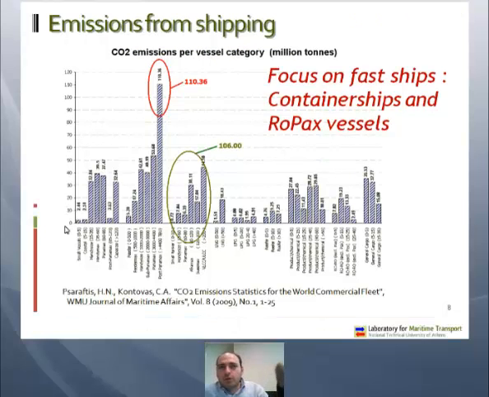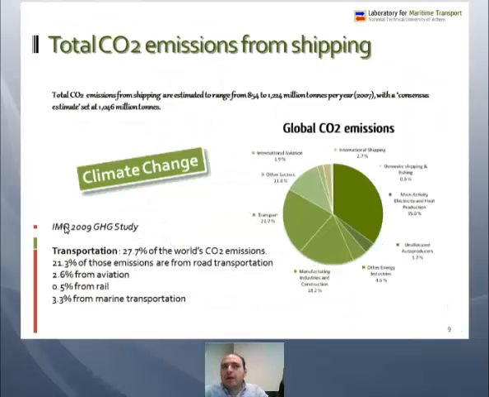Well, we are not sure about the total amount that shipping emits in terms of CO2. IMO tasked a group, led by Marintek in Norway, to estimate the total emissions produced by the world fleet.